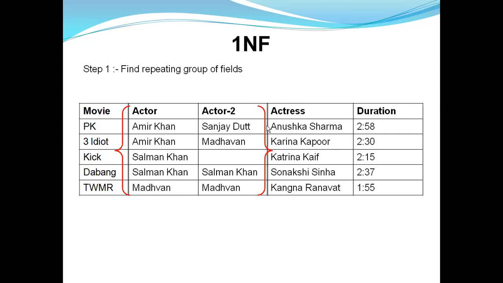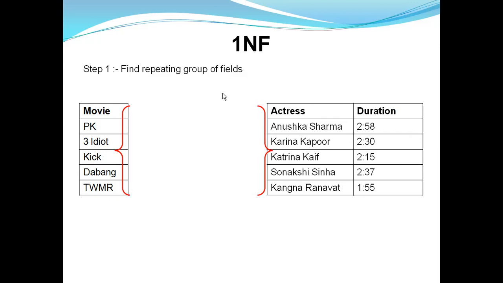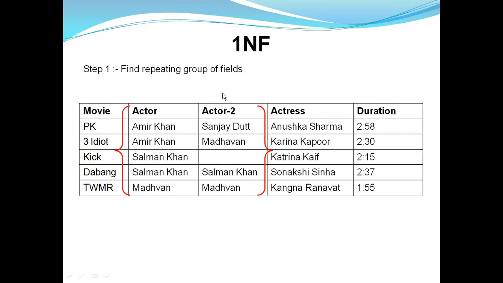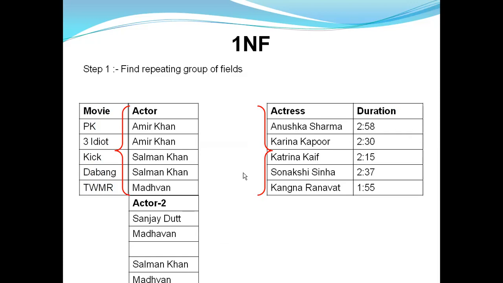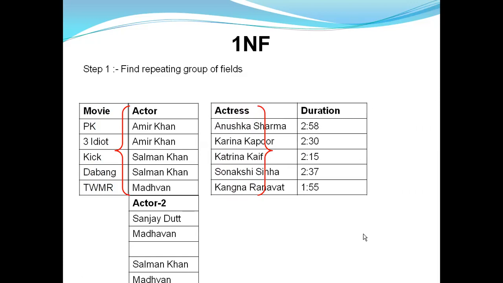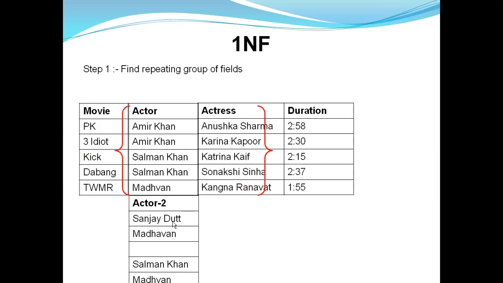So now what will we have to do with it? This is not allowed. Actor 2 should be a part of actor, and it will be something like this. Now for the records of actor 2, full values will also come.